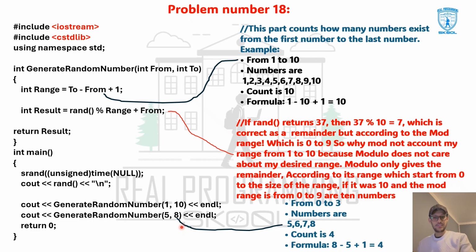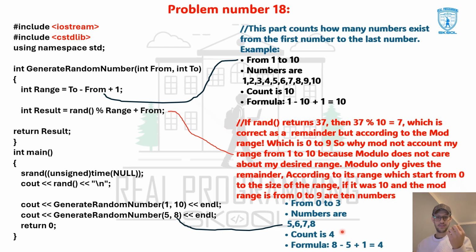The modulo range starts from 0 and ends according to the size of the range. The size of the second range, 5 and 8, is 4 numbers: 5, 6, 7, 8, while the modulo range is 0, 1, 2, 3.